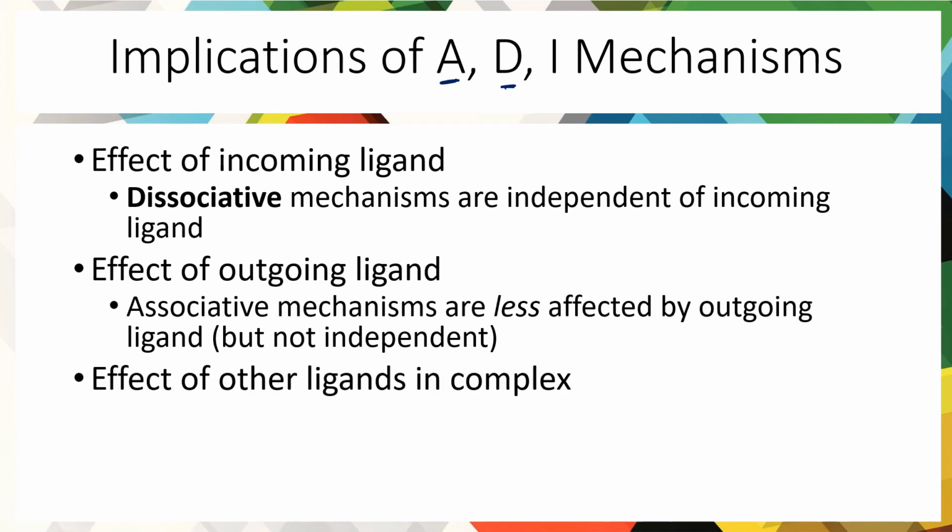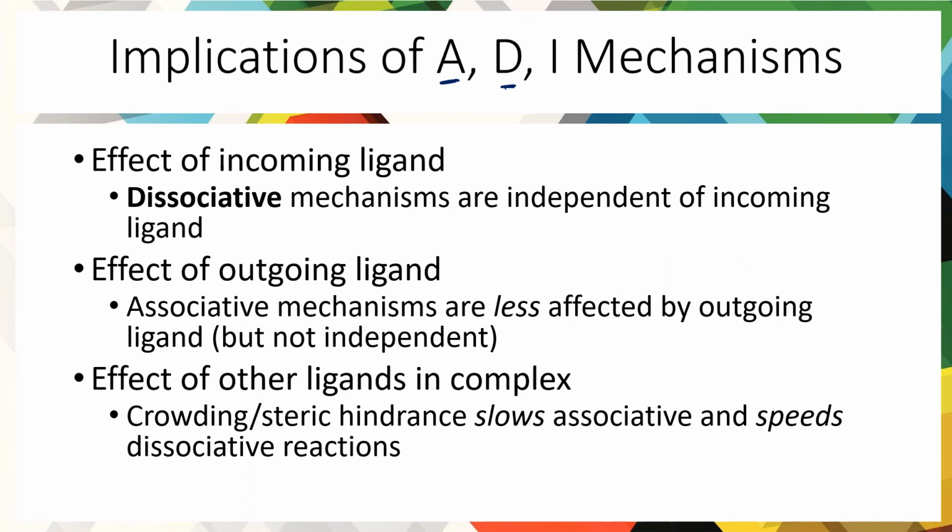And then there is an effect of other ligands in the complex, those L's we've been drawing, right? This is pretty closely connected to a topic you would have talked about when you talked about SN1 reactions, right? SN1 reactions are favored when the complex is sterically hindered, and this is the case as well. So if you have crowding or steric hindrance in your complex, then that makes it difficult for a new ligand to come in, and it also crowds out effectively that other ligand and makes it pop off more readily, depending on what kind of steric hindrance we're talking about.